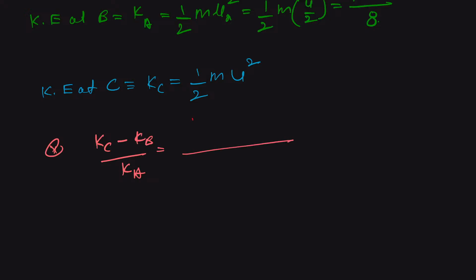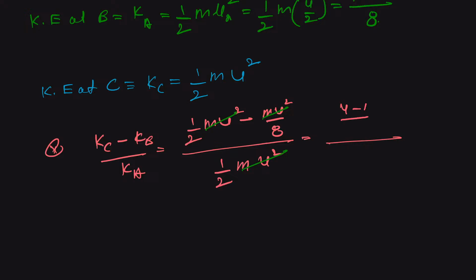So this comes as half m u square minus m u square by 8, divided by half m u square, and we can cancel out m u square. 8 will be the LCM, so this comes as (4 minus 1) upon 8, divided by 1 by 2.